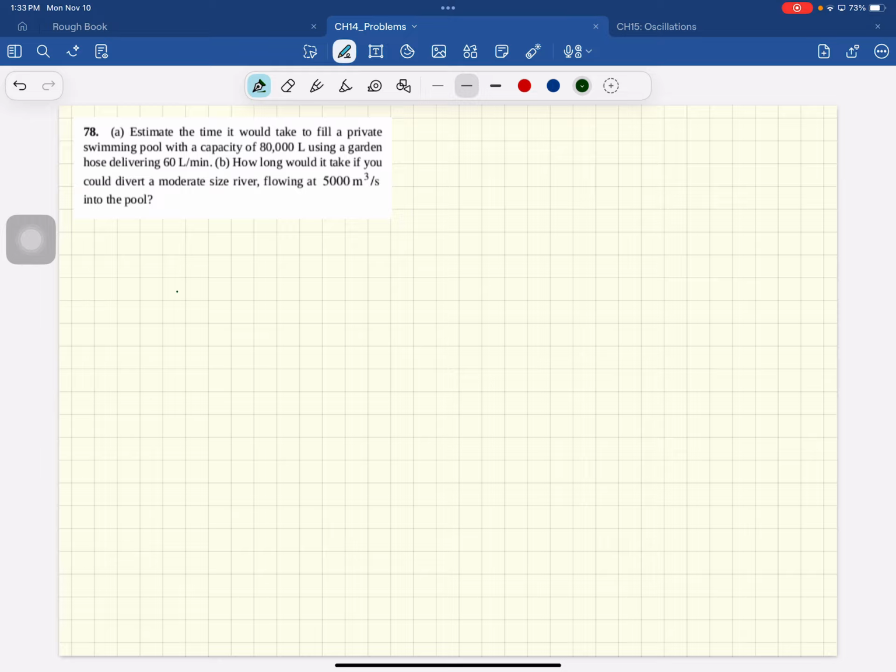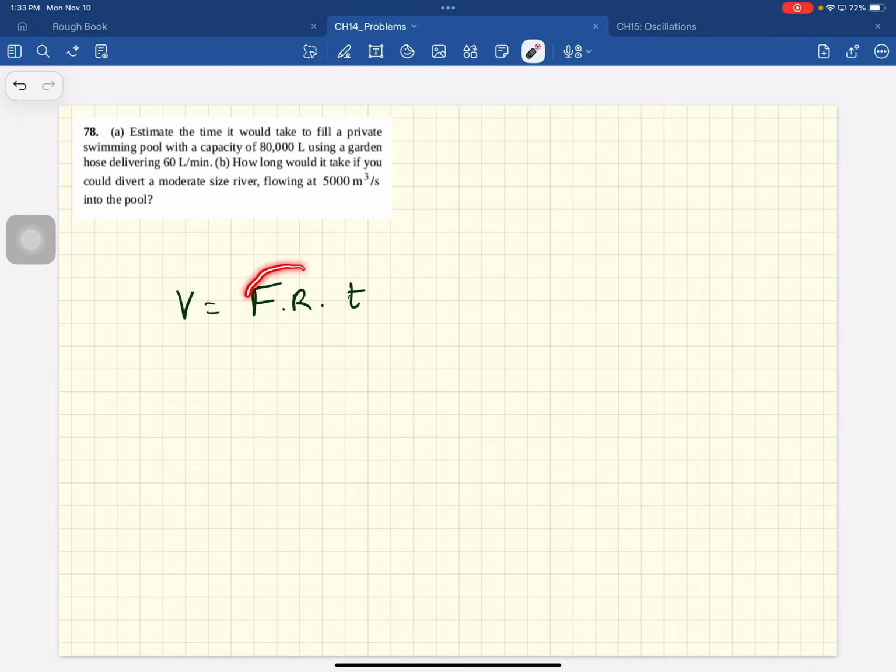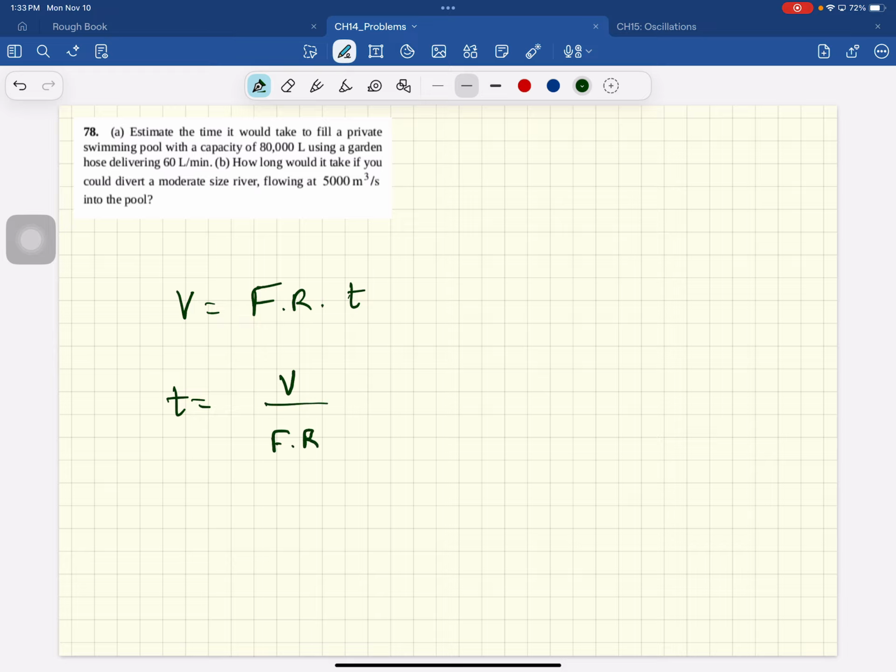So volume is flow rate times time. Flow rate is volume per unit time, times time gives you the total volume that you're filling. So time would be the total volume that you're filling divided by flow rate. In the first case, you're filling this 80,000 liter pool, and the flow rate is 60 liters per minute.